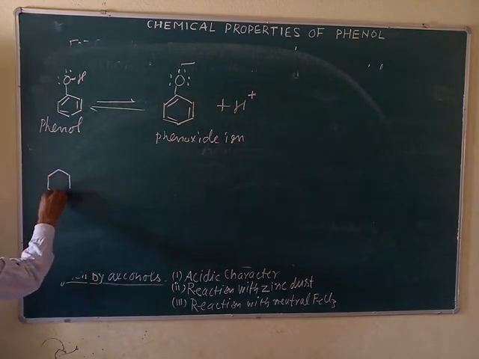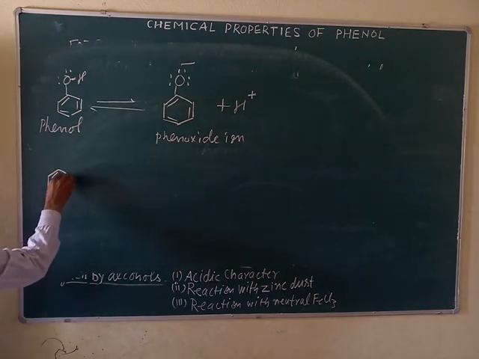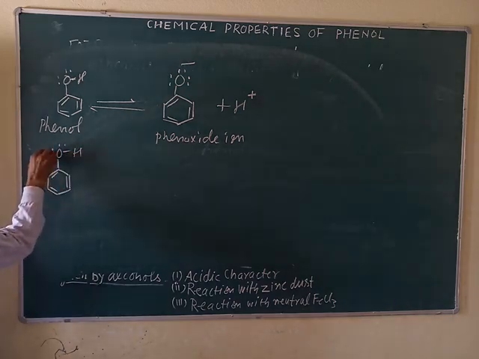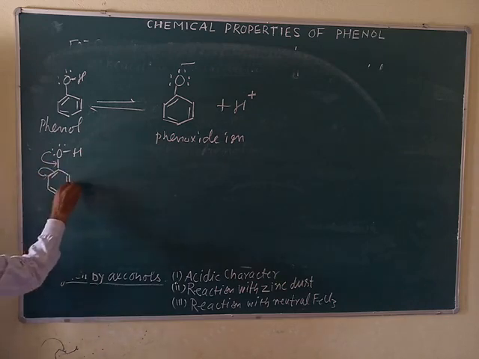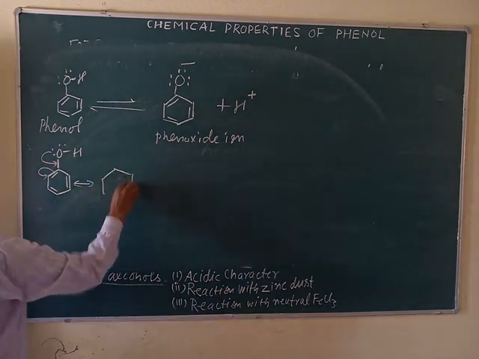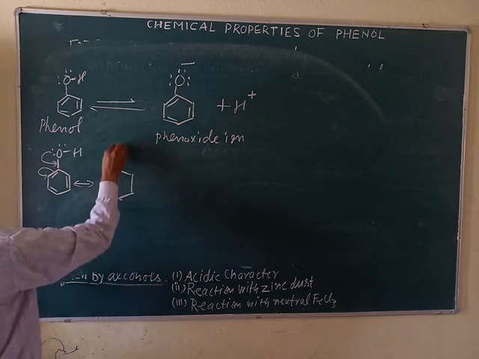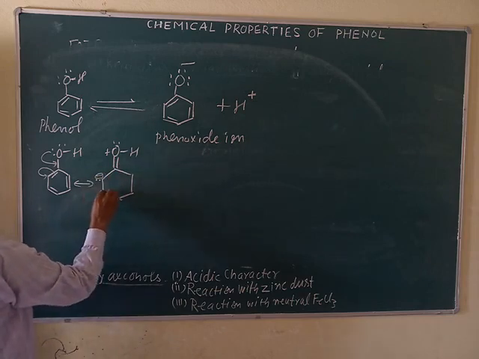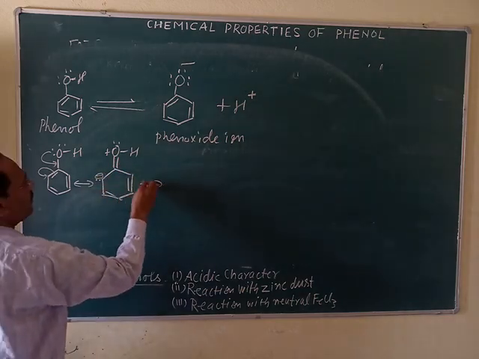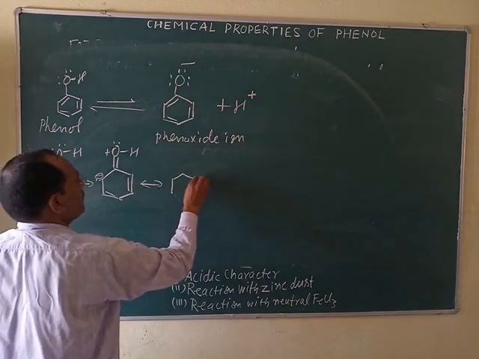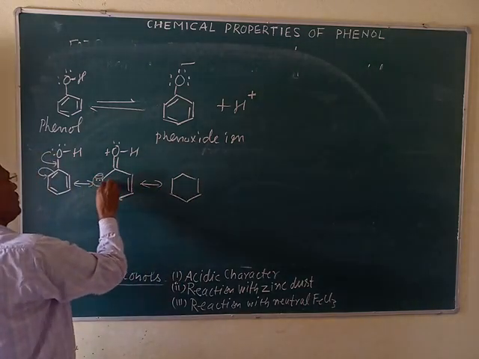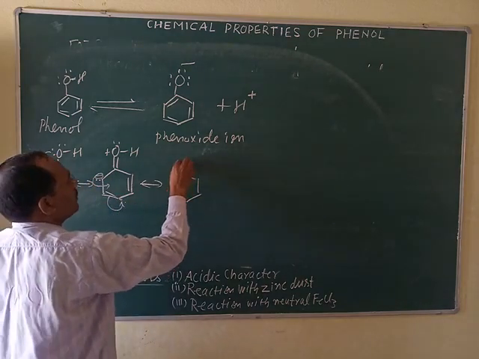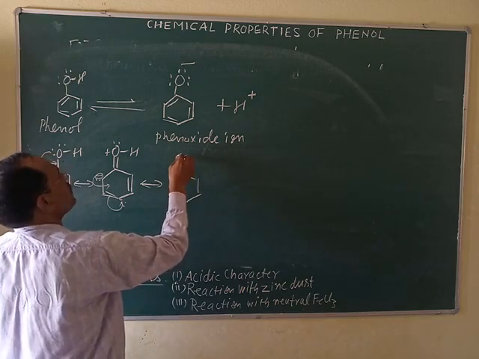The resonating structure of phenol may be written with a negative charge, after that delocalization of electrons takes place through the benzene ring.